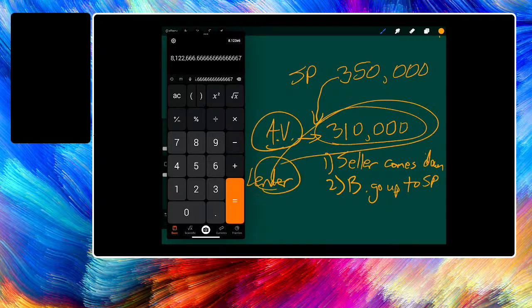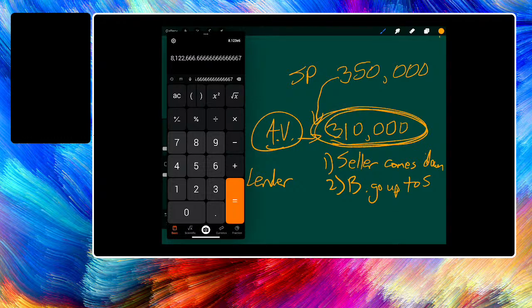The lender is going to make the loan based on $310. If the buyer is able to add $40,000 to their down payment, and therefore the seller walks away with $350 that they want, the lender's still making the loan on that appraised value. That's one of the possibilities. If the buyer has $40,000, which they quite often don't.